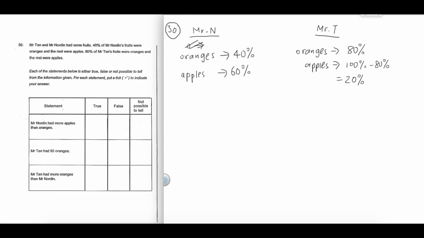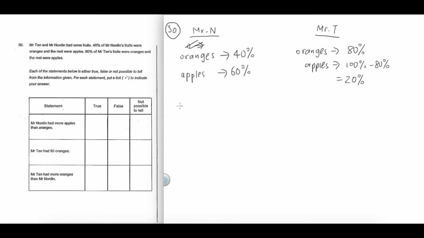So that's all I have. I do not have the total. I do not have anything else. So what I'll know is, for example, Mr. N has more apples than oranges. Mr. T has more oranges than apples. I wouldn't know if Mr. N has more oranges as compared to Mr. T or not because I don't know the total. Alright? So let's start doing the questions.